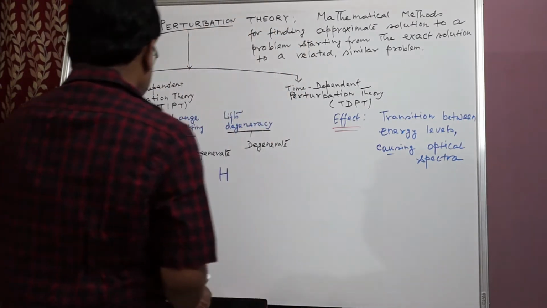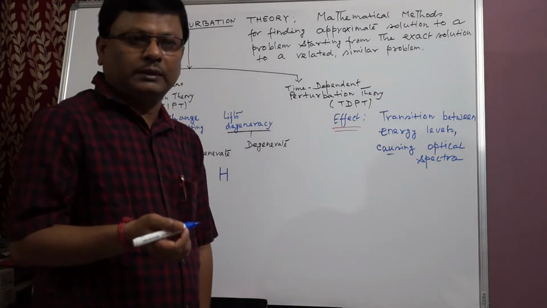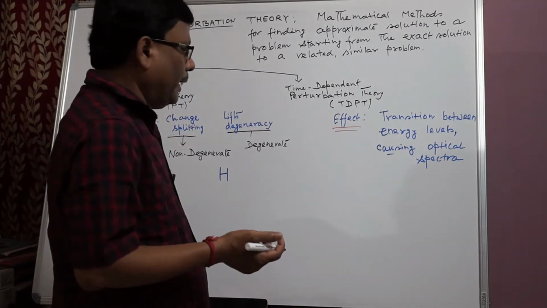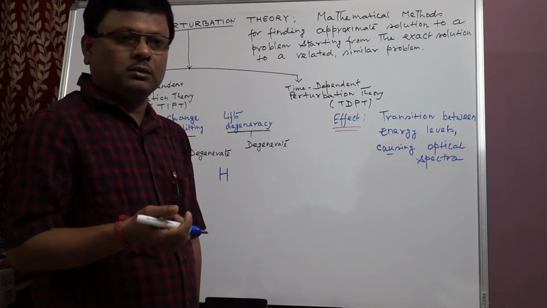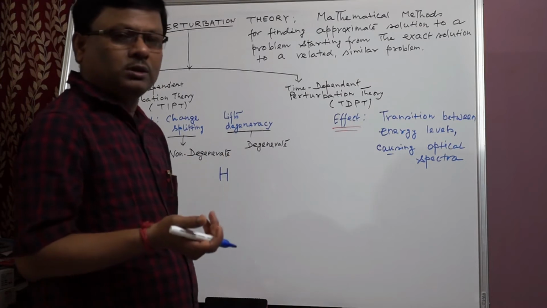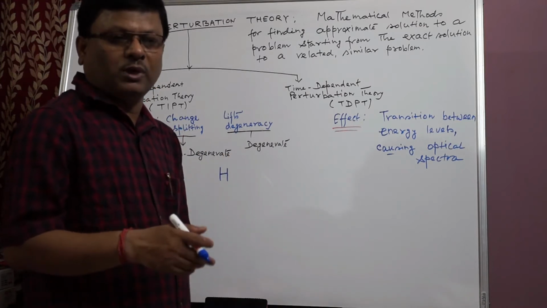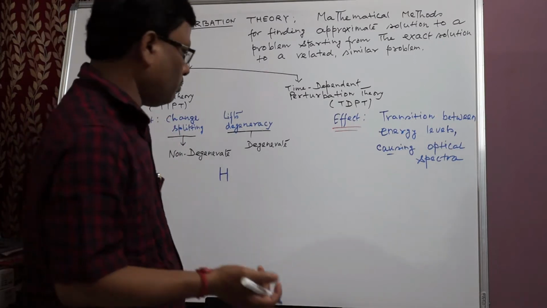One part is the unperturbed part, whose solution is exactly solvable, and another part is the perturbed part, which quantifies the deviation from the exactly solvable part.